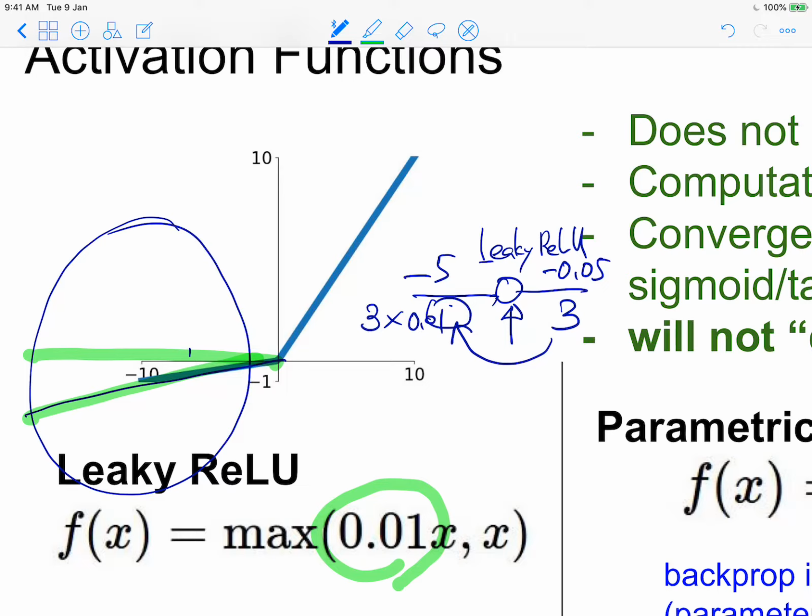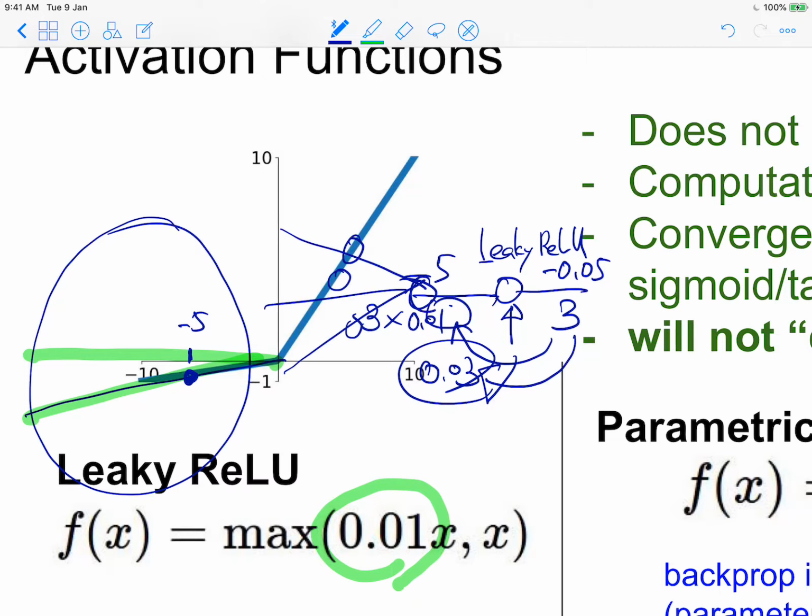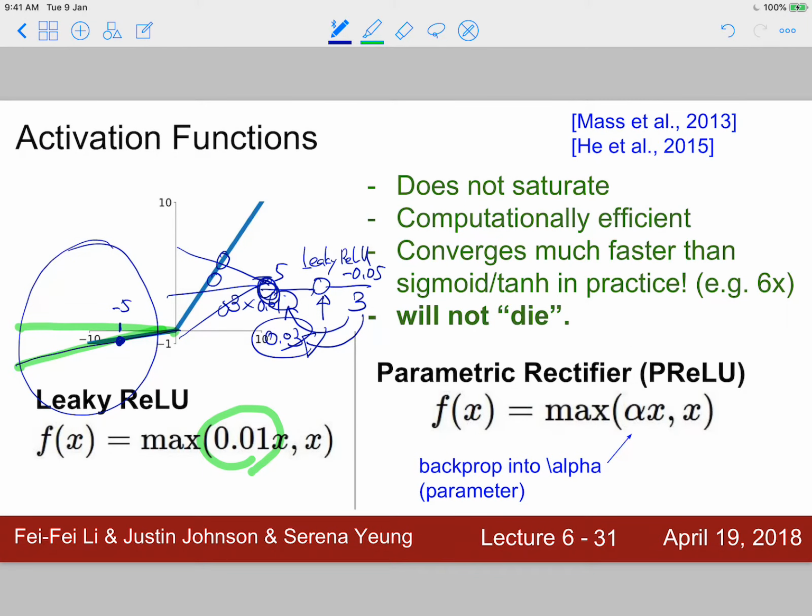Because over here the input is negative 5, so we have to multiply that slope. And so it will be 0.03, which became really small, but it is not exactly 0. So we still update the corresponding linear combination weight that produces this output, right? So this is the main advantage of this leaky ReLU.